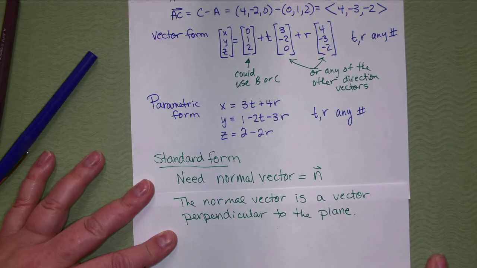So we've got our plane, which we don't know the equation for, and we need to know this vector, which is called the normal vector, sticking up from the plane. So how do we find that?